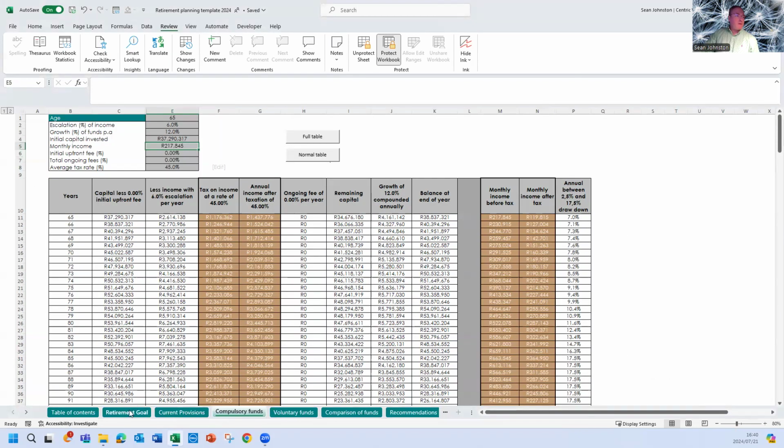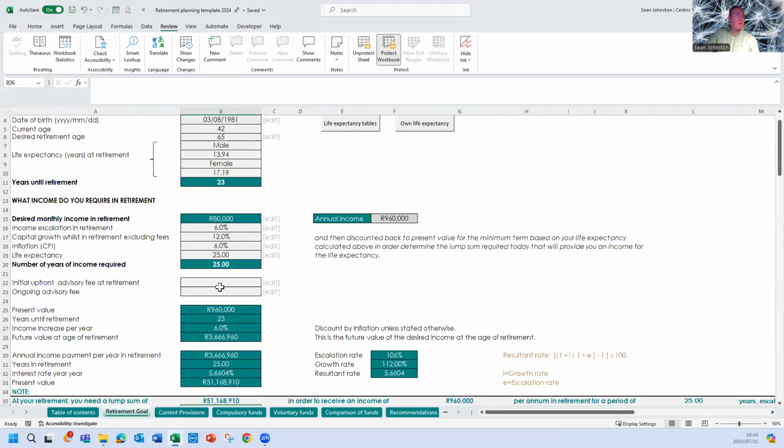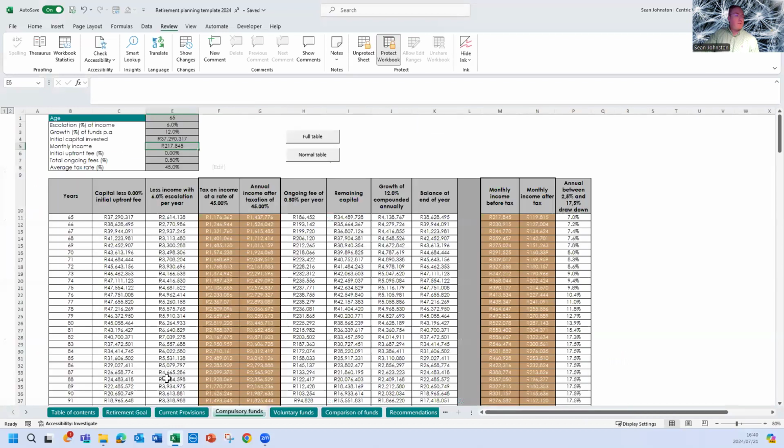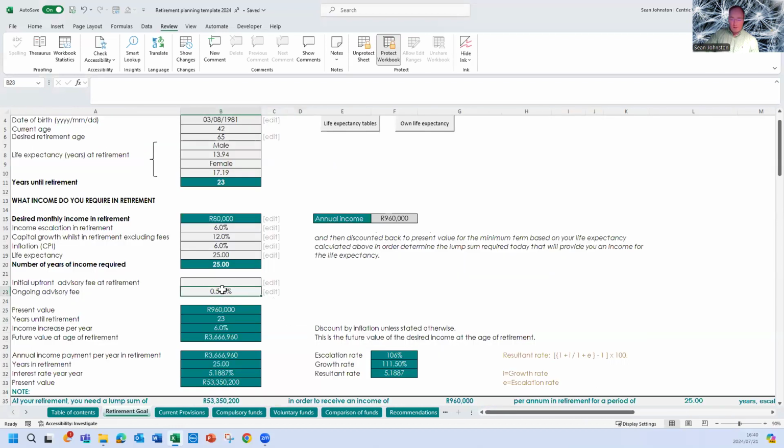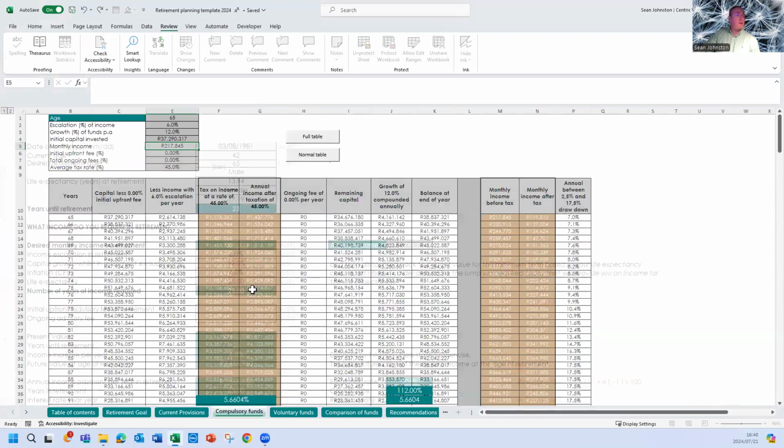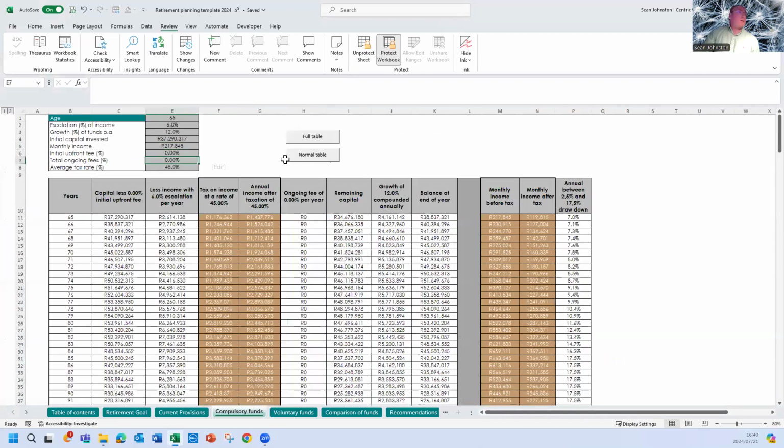We've not factored in fees, but if we were to factor in fees, let's say we're putting 0.5%, obviously it'll rebalance the calculations and pull through over here. But for now, I'm not going to. That's something you can play around with in your own time. But for now, we're going to say it's got 0 upfront, 0 ongoing, 45% marginal tax rate at this stage.